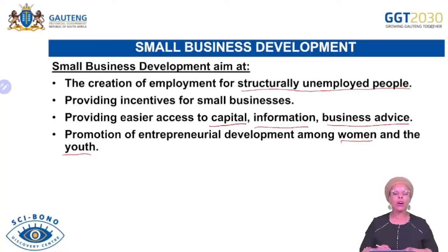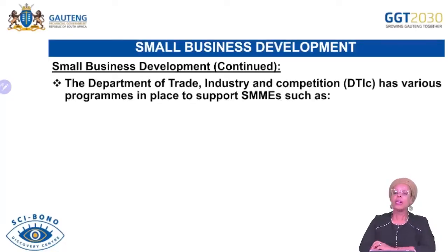The women or the females also become entrepreneurs. Okay, this information and even the programs to assist the youth, to assist the women, to make sure that there is funding, there's incentives, etc., can be accessed from the DTIC.